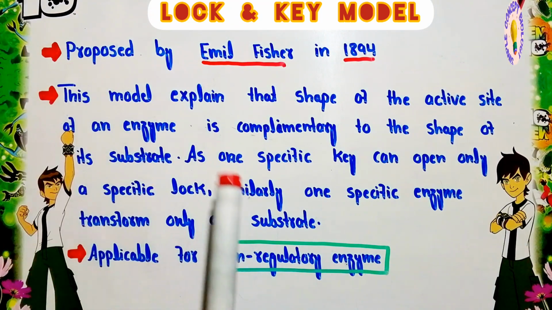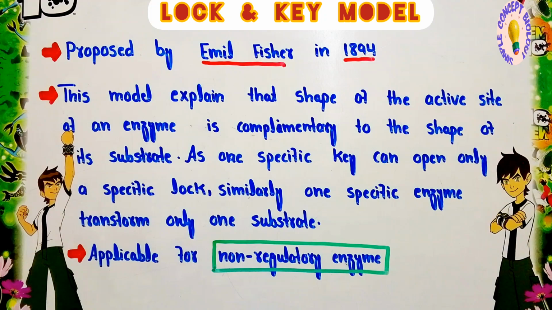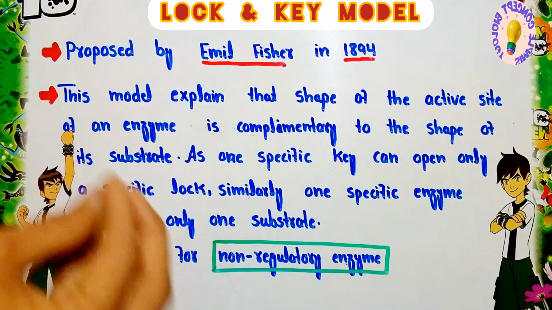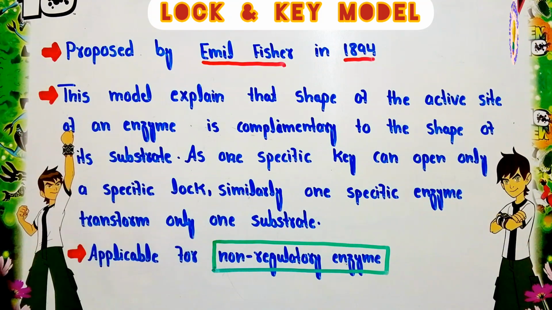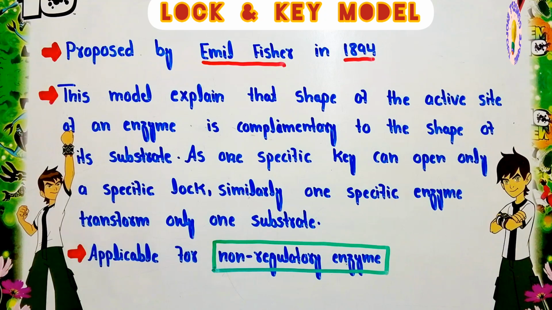Similarly, one specific enzyme transforms only one substrate. The overall concept of this statement is that a specific substrate that has a shape similar to the active site of an enzyme is transformed into the product. Now you should remember that this model is mainly applicable to the non-regulatory enzyme.